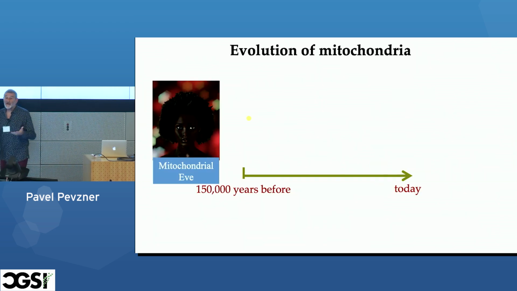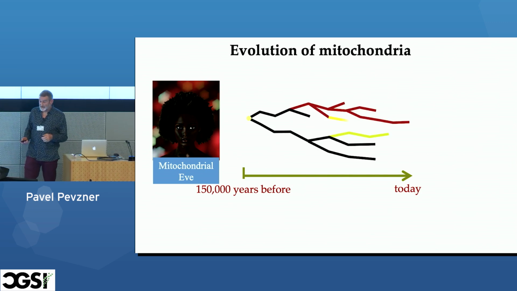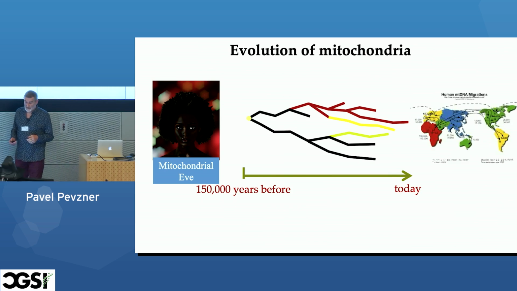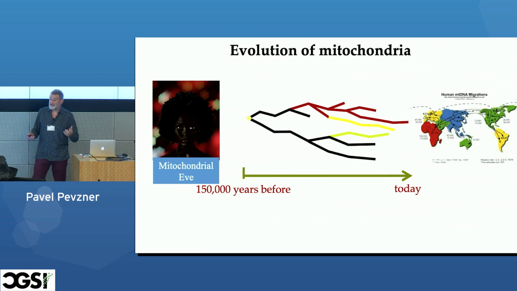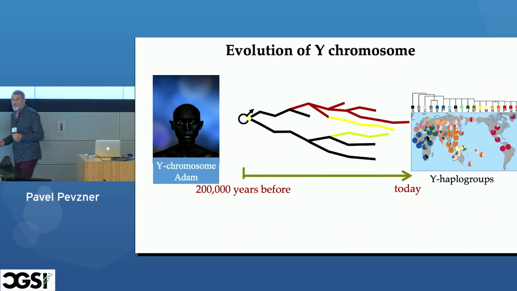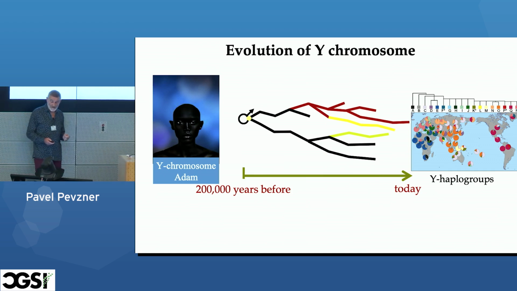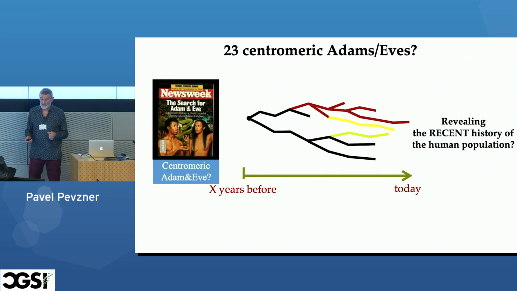And when we have a long non-recombining segment, we can study evolution, and we can even learn something about geography. Like in the case of mitochondria, we can study mitochondrial Eve. In the case of the non-recombining Y chromosome, we can study Y haplogroups and learn a lot of biology.